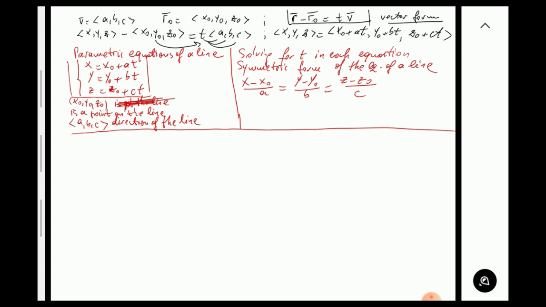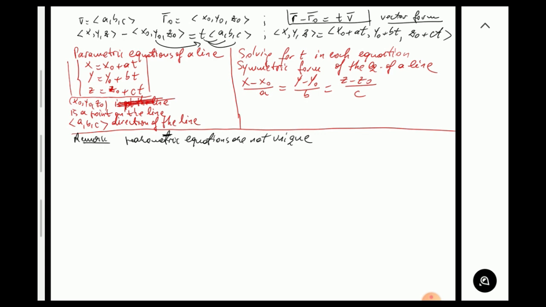So suppose that, well, one important remark that I want to make here: the parametric equations are not unique. Notice that depending on the choice of the point you pick and the direction vector, you could have various forms, right?